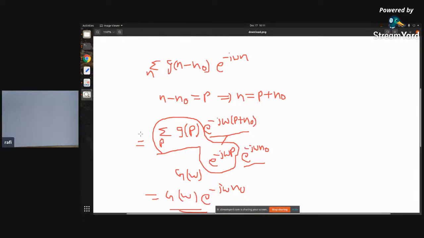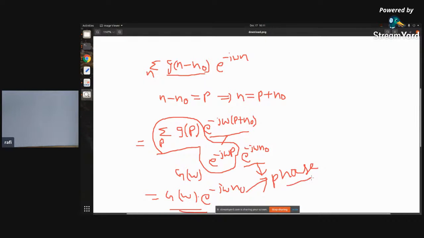So the meaning of this is that when you delay the input signal by n naught, then its DTFT will get multiplied with this phase term. There is no magnitude change here. The magnitude is 1 for this e power minus j omega n naught, since it is a single term.